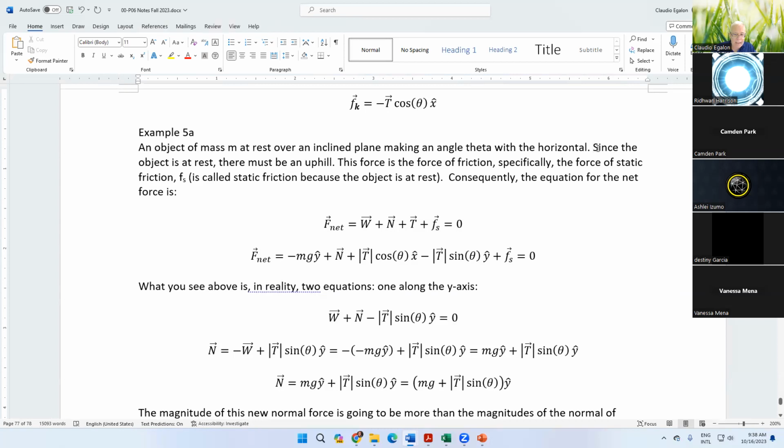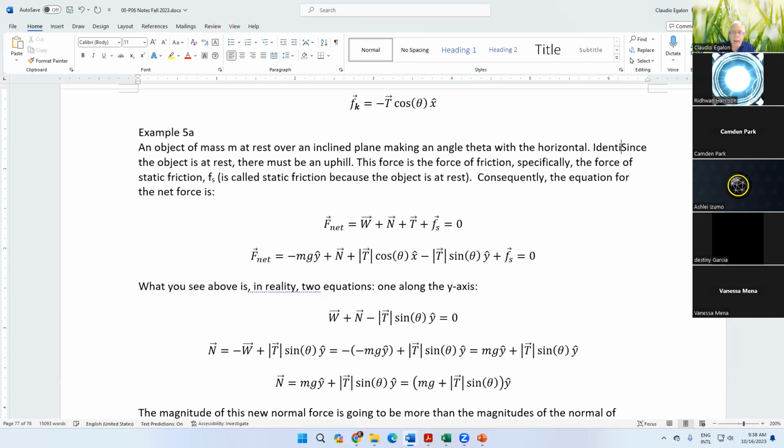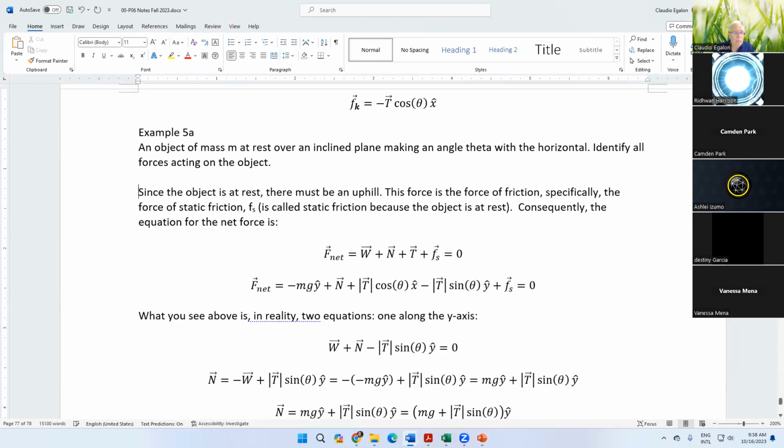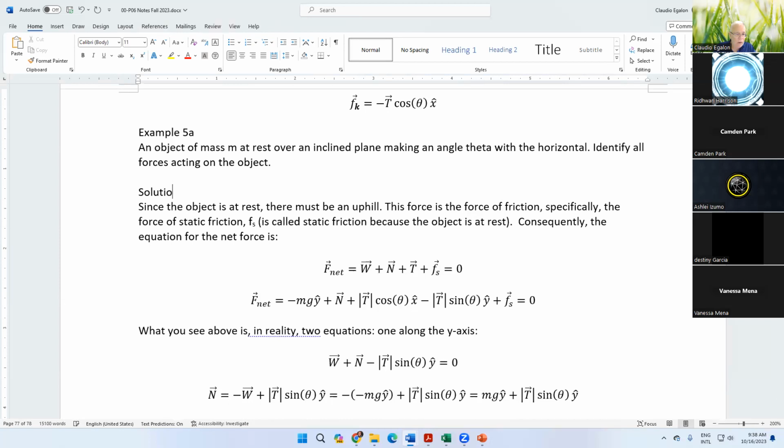Okay, so I'm going to do it like that. Identify all forces acting on the object. Here you go. Now, like a real example, right? Since the object is at rest, there must be an uphill force applied to it. This force is the force of static friction.